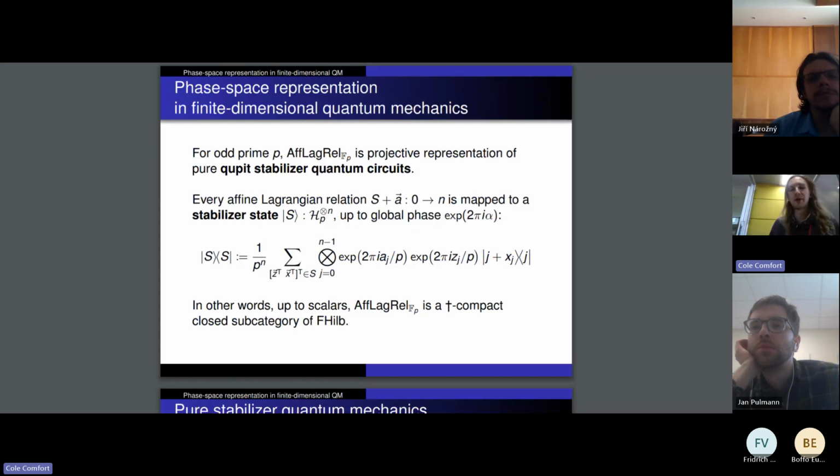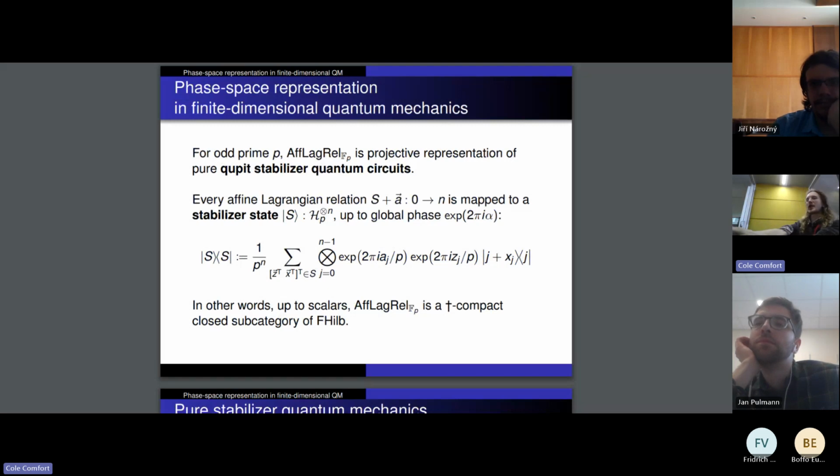So this is a bit technical, but just to show that the position and momentum are showing up in this formula. And if you do all of the work, you can show that if you uncurry these states, and the original thing was an isomorphism in affine Lagrangian relations, an affine symplectomorphism, then this is the same as a Clifford operator, and so on. And you get, in fact, that up to scalars, this is a subcategory of Hilbert spaces.